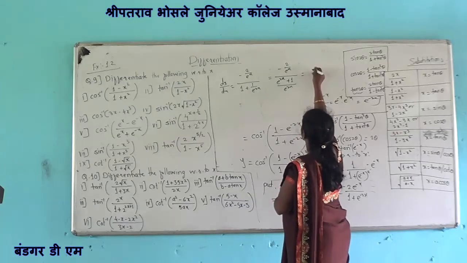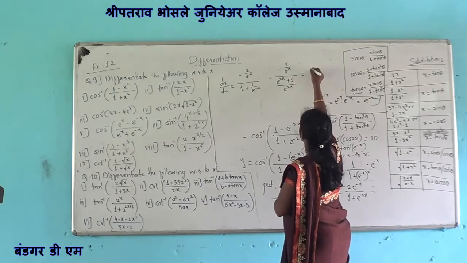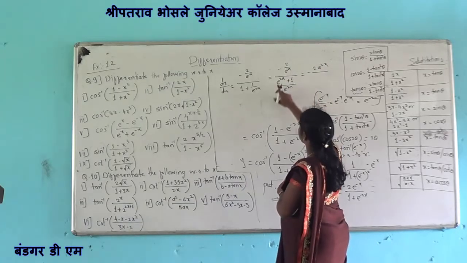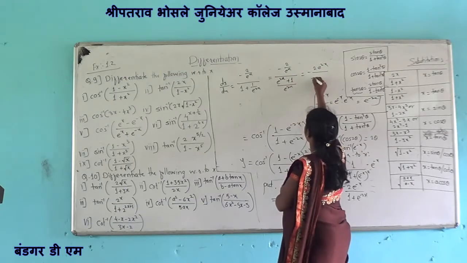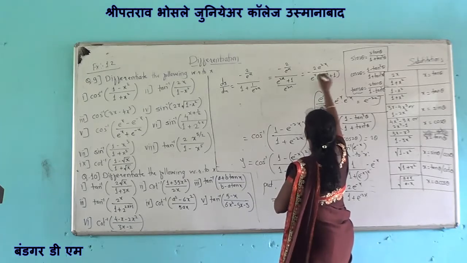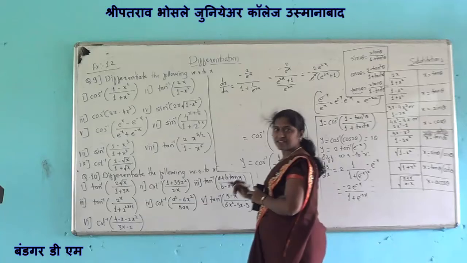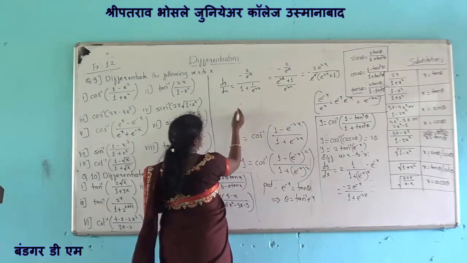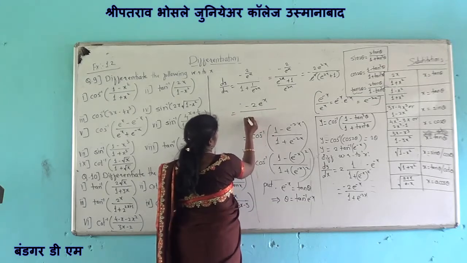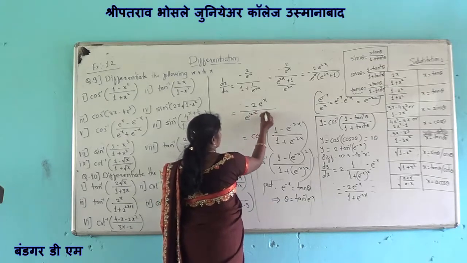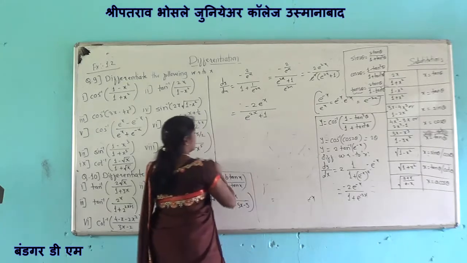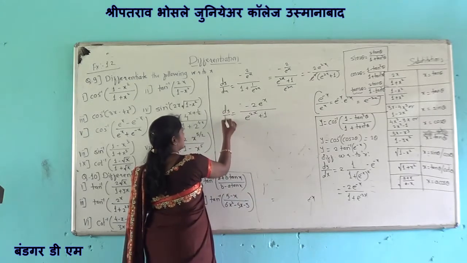And we get this e raised to x goes to the numerator, 2 e raised to 2x upon e raised to x goes to the denominator, e raised to x in bracket, e raised to 2x plus 1. So that e raised to x will cancel and we get dy by dx as minus 2 e raised to x upon e raised to 2x plus 1, which is our required dy by dx.